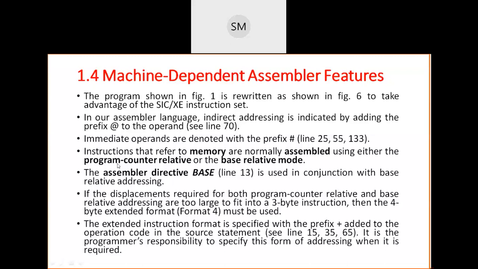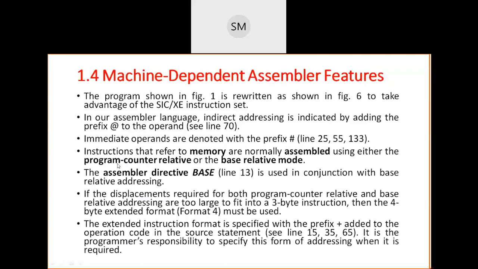Our problem was that the 15-bit address field could not hold the complete address; the complete address was unable to fit in a 15-bit address field. Because of that, we had two solutions.